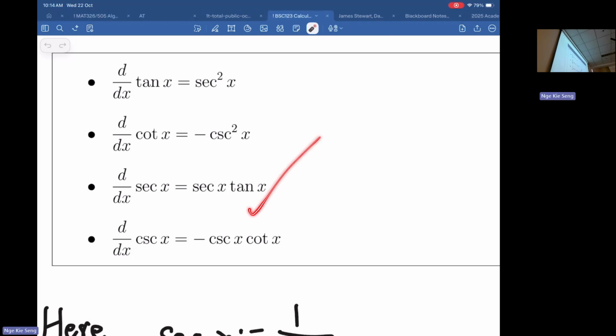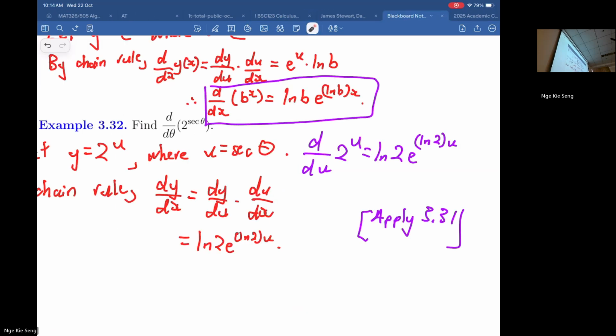So we substitute it in: secant x times tangent x.